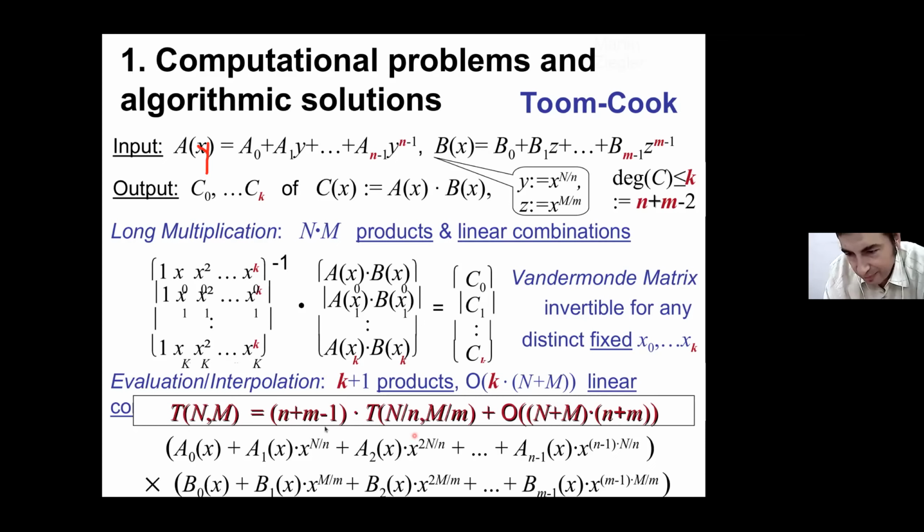You get multiple recursive calls, plus something which is linear in capital N and capital M for fixed small n and small m, from all these linear combinations.